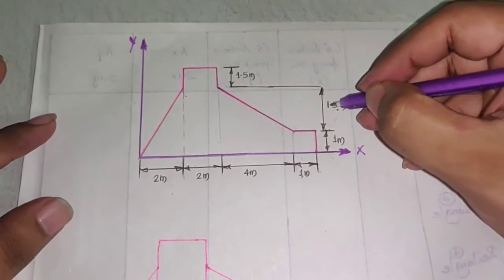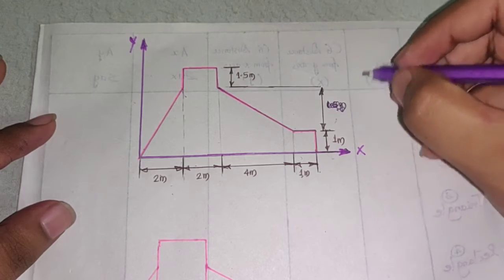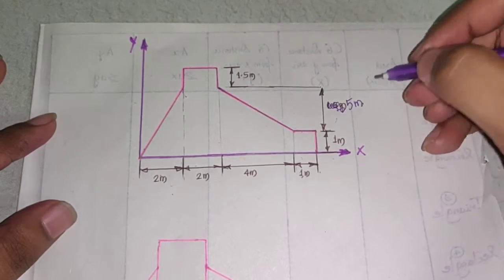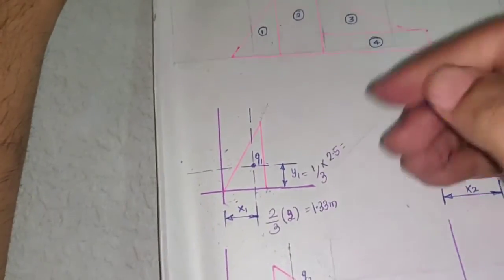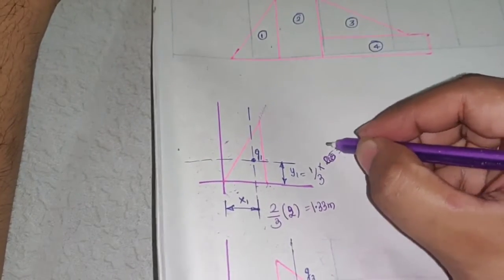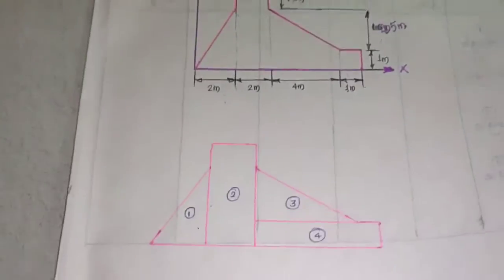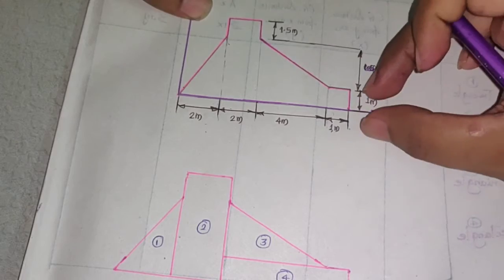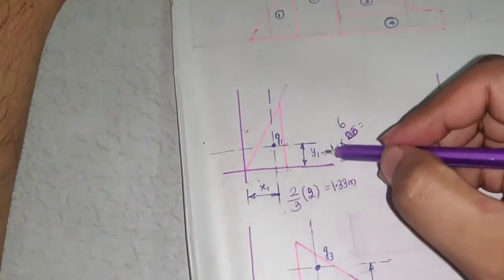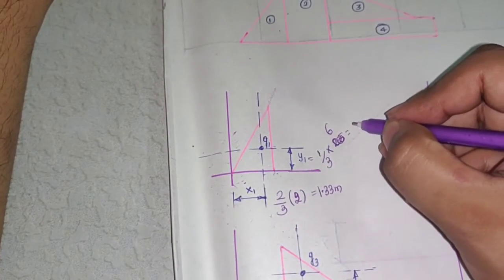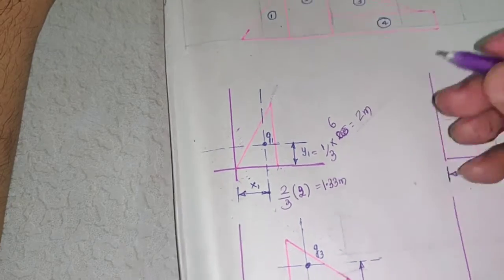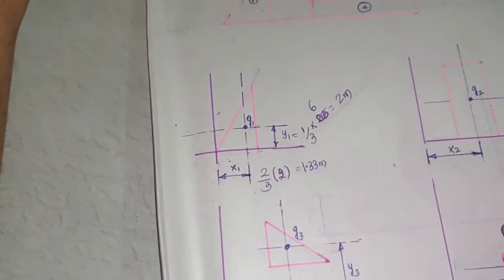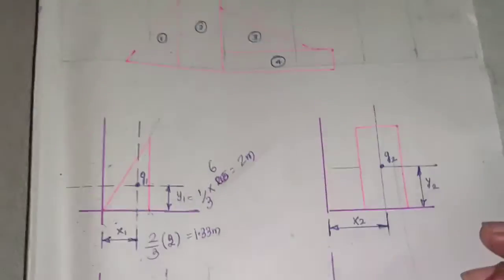Sorry, this is not 1.5, please make a correction. This is 5 meters. So 1/3 of 6 meters. Because why 6? Because from here to here it is 5 meters and this is 1 meter. So 1/3 of 6 is how much? 3 twos are 6, so 2 meters. So y1 distance is what? 2 meters.